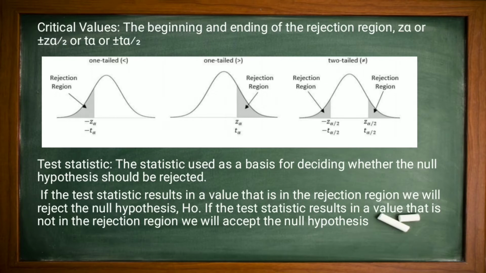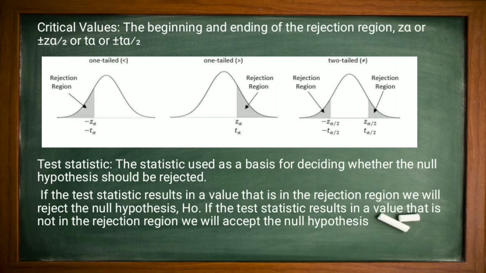Okay, so as you can see on our screen, we have a one-tailed test which uses the less than sign, then another one-tailed test with greater than, and the last is two-tailed with the not equal sign. So for our one-tailed test with the less than sign, we can call it the left-tailed.